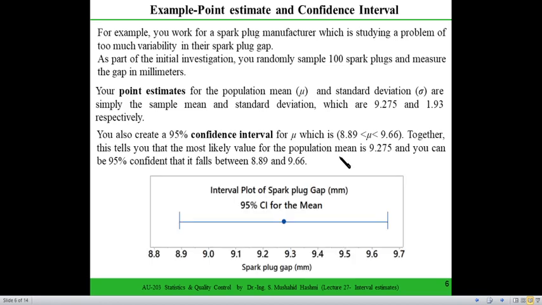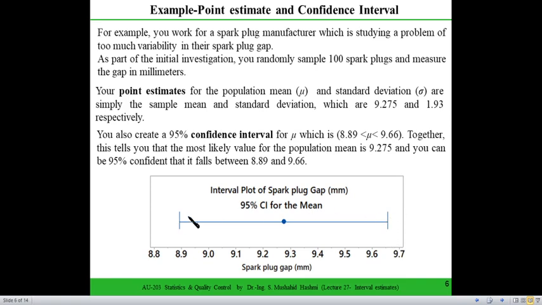So this would be the point estimate, with the lower limit around 8.89 and the upper limit around 9.66.